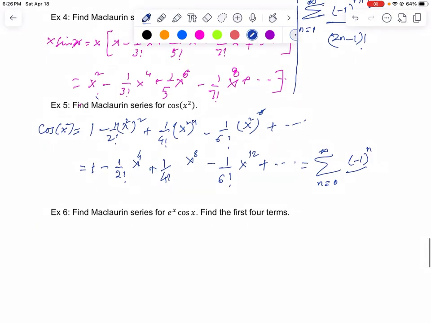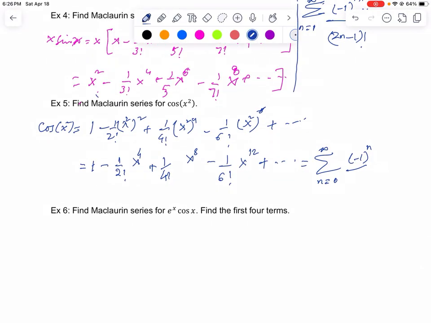So can I say 2n factorial? Note here, if we start at 0, then 2n factorial becomes 0 factorial, which is 1. We are okay with that, so we will end up getting a 1. And x raised to the power 2n.